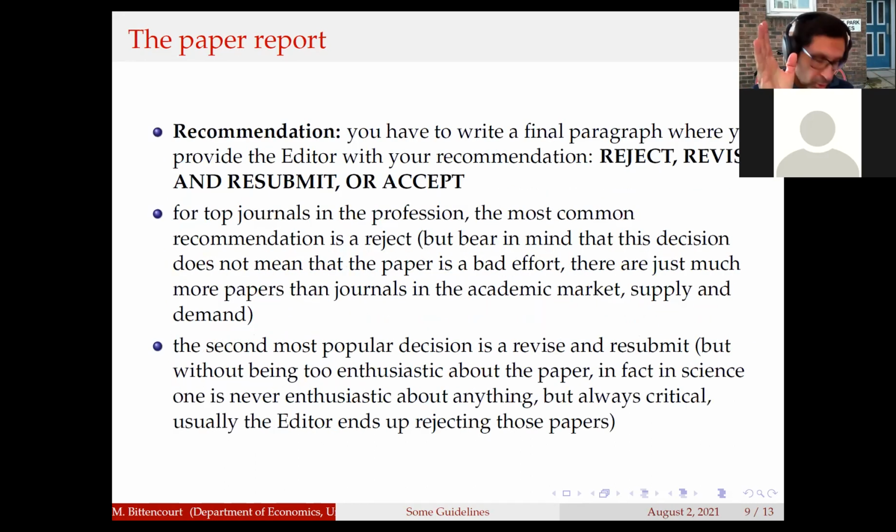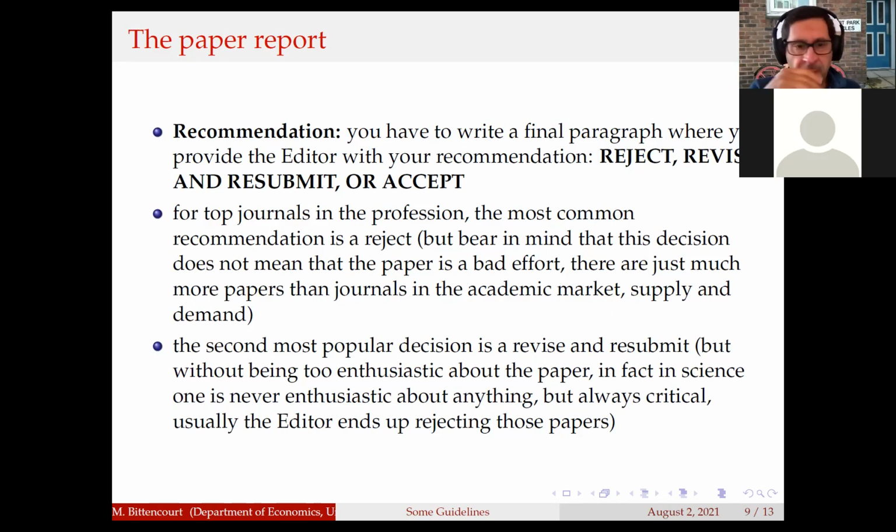And then in the final section of this report, you have to provide the editor with a recommendation. You decide. You have to write a final paragraph where you provide the editor with your recommendation, which is essentially either, if it's a bad paper, you reject.